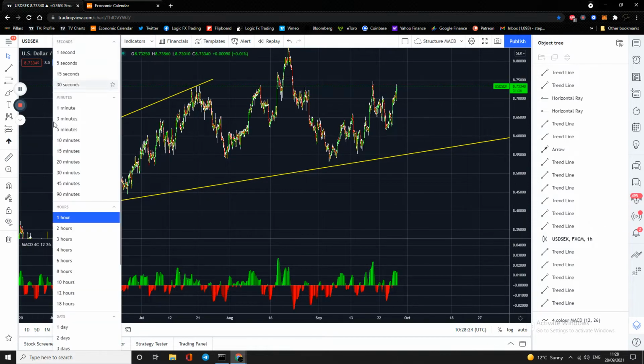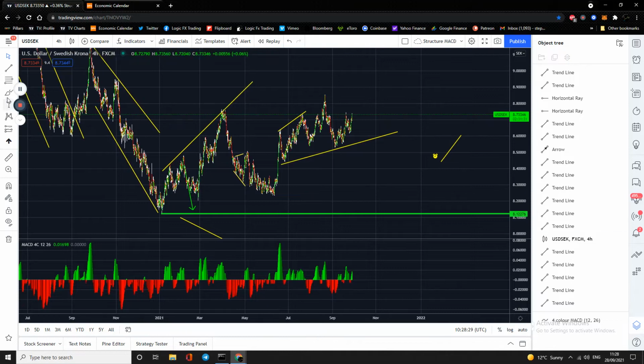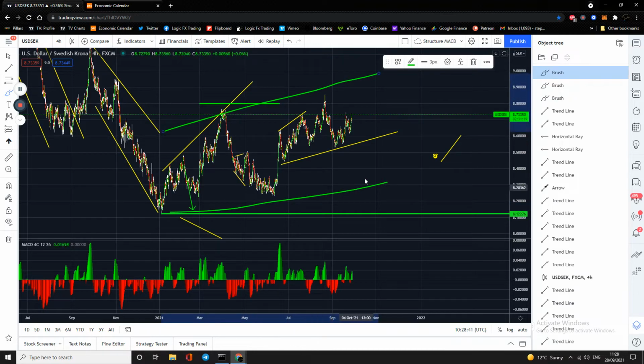Yet again, if we go out to the 4 hours, a little bit hoarse here this morning, guys, and you look at it in the 4 hours, we were kind of running with this idea that the dollar was going to run back and forward here. Maybe it's starting to do that, which means there could well be more upside in this, before you get a pullback and off it goes again.